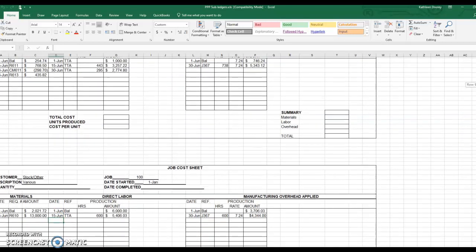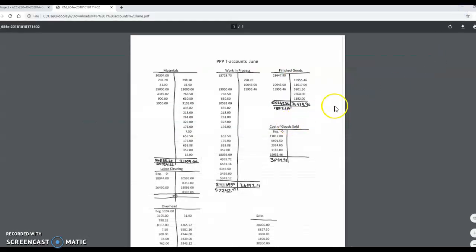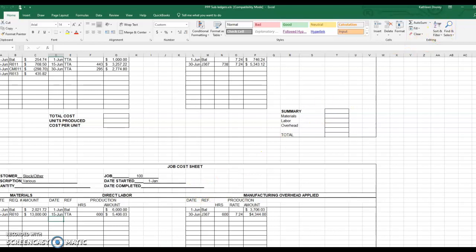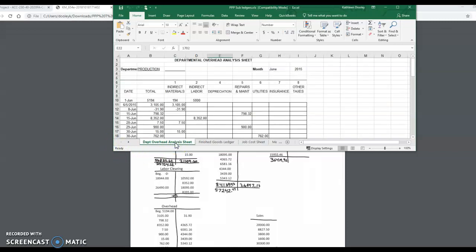We have our overhead analysis sheet, because we had the indirect materials. Here's the overhead analysis sheet. This is for the month of June. So we put in June 5th, the date, and we put in the total amount, which is $3,105.